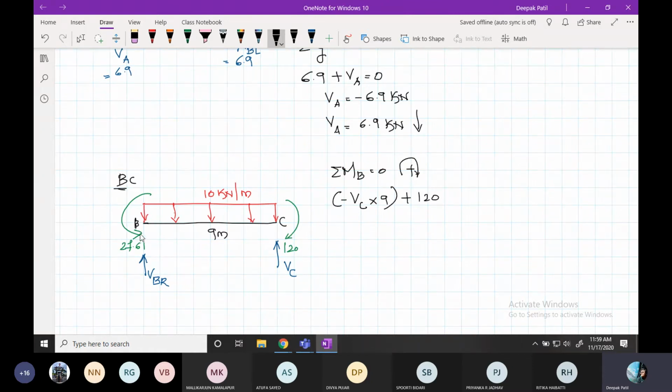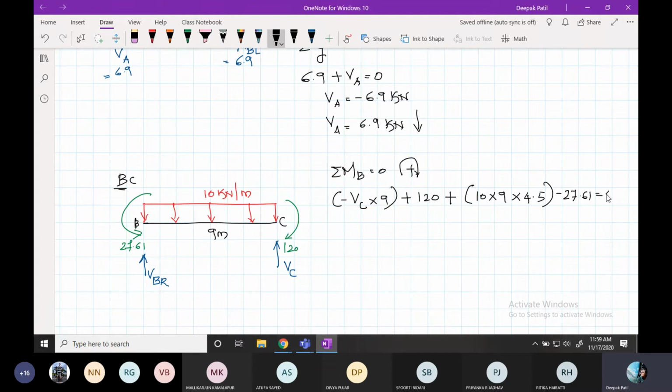This UDL at B will actually cause clockwise moment. So I should write plus 10 into 9 is the load, multiplied by 4.5, the perpendicular distance. And this moment is anti-clockwise. So I should write it as minus 27.61. And VB right will not come into picture.